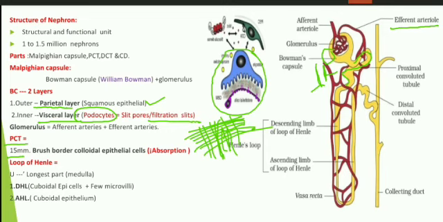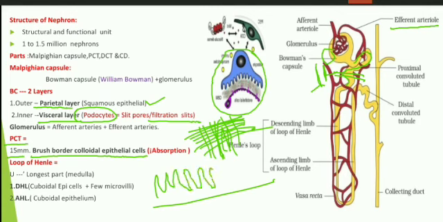The significant characteristic of the proximal convoluted tubule is that it is made up of brush border epithelial cells. If you take a transverse section and observe under the microscope, you will see minute brush border epithelial cells present. These brush border epithelial cells increase the surface area. Automatically, when the surface area increases, it is also responsible for more absorption.